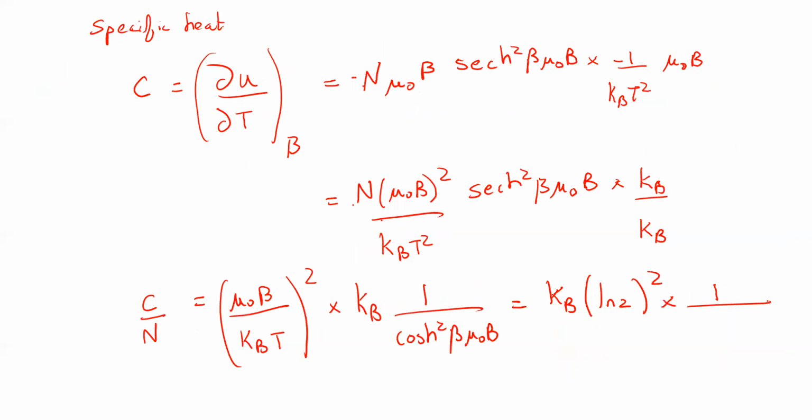Multiplied by 1 over cosh squared, where I'll substitute cosh in terms of exponentials, so we have e to the power of beta... the whole square.